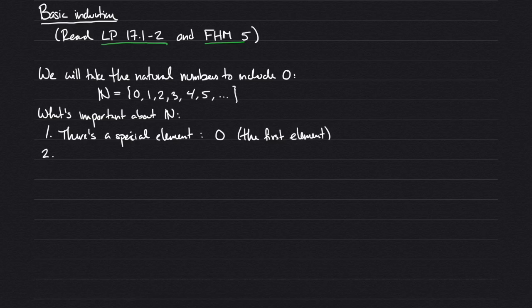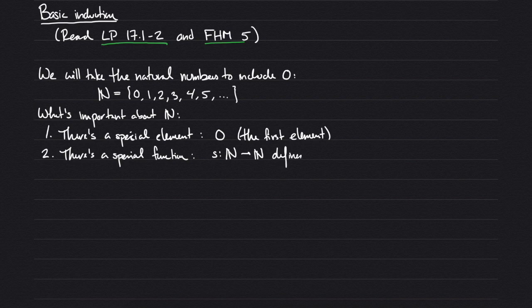And the second thing that's important about the natural numbers is that we have a very special function here. So there's a special function. Let's call it S, it's usually called S actually, from the natural numbers to the natural numbers.